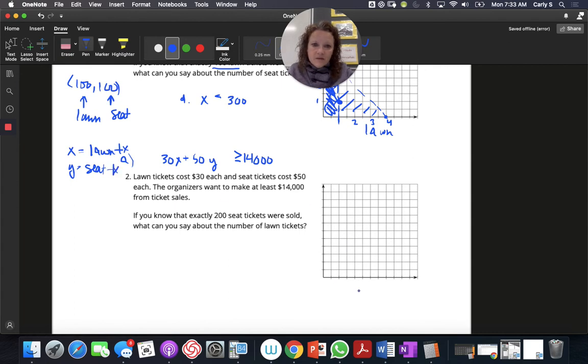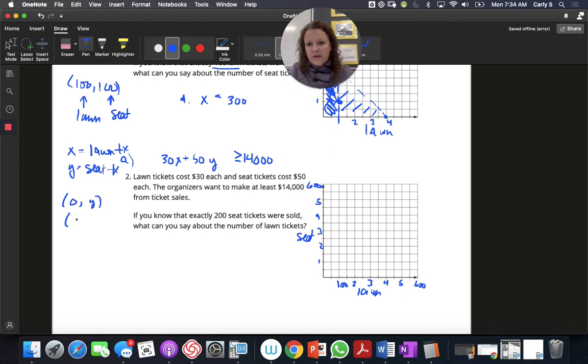And if I graph it, lawn, seat, I'm going to use the same 100, 200, 300, 400, 500, 600, 100, 200, 300, 400, 500, 600. My XY axis is a little different, so let's go ahead and do it.